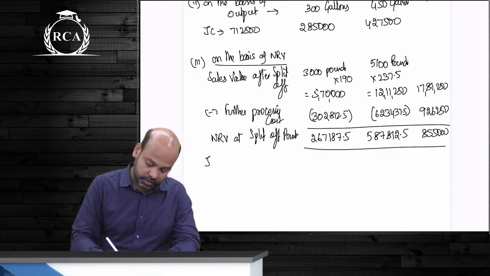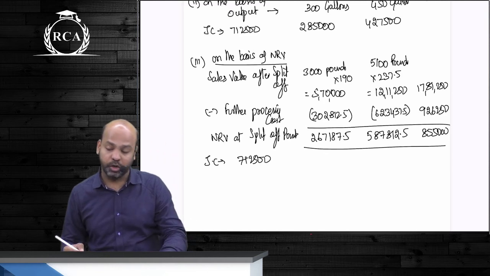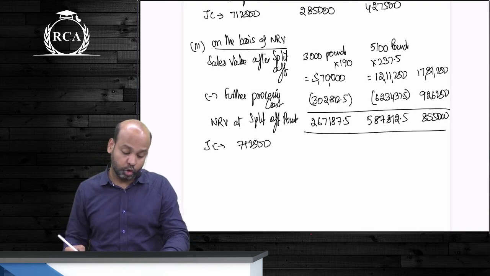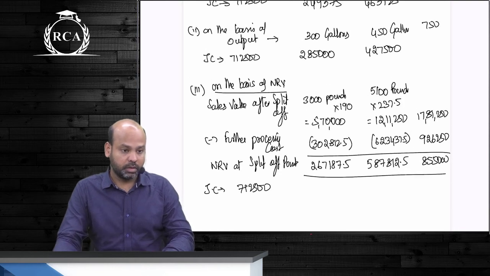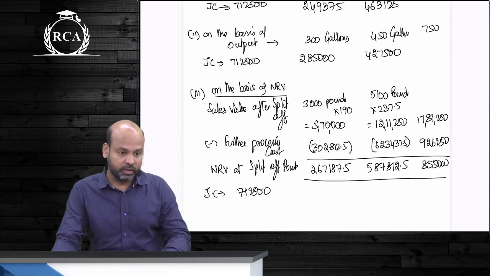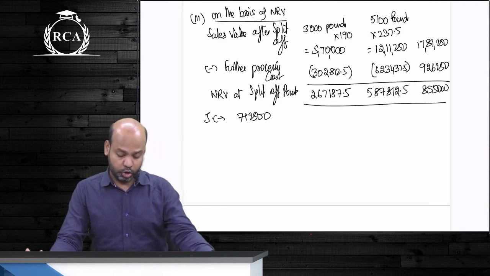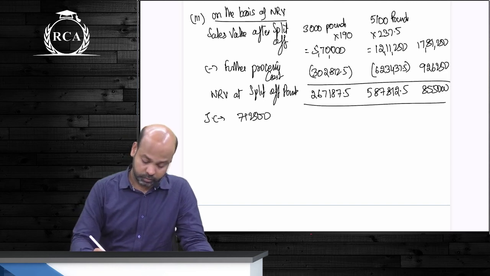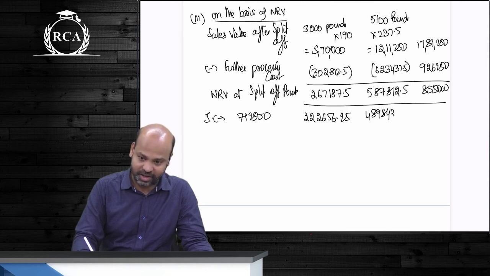Now joint cost, guys, is 7,12,500 in the ratio of NRV at split off point. No, individual values are different, beta. You cannot say the same. Total is the same, individual values are different. How much is joint cost allocation, guys? 2,22,656.25 and 4,89,843.75.